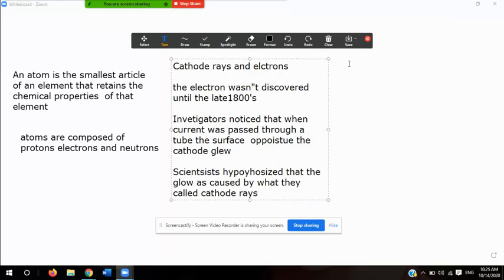So this experiment revealed two observations.